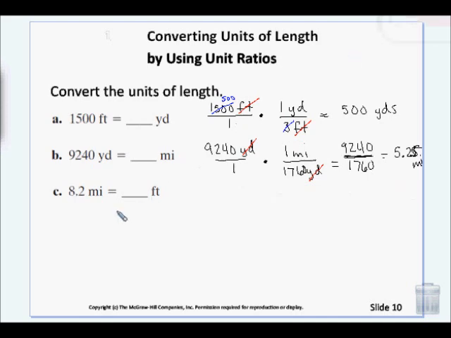Okay, here I want to go from miles to feet. So I'm going to put miles on the bottom and feet on top. My miles cancel.